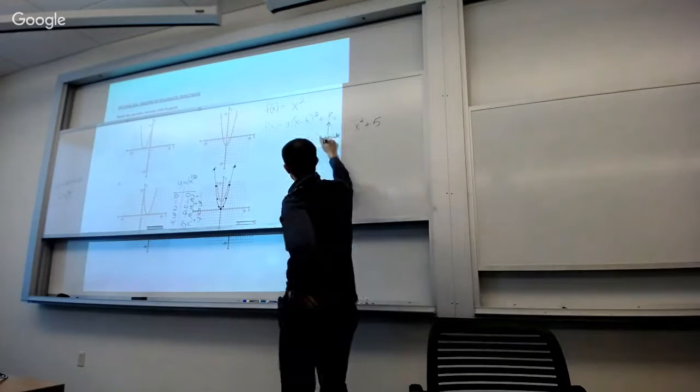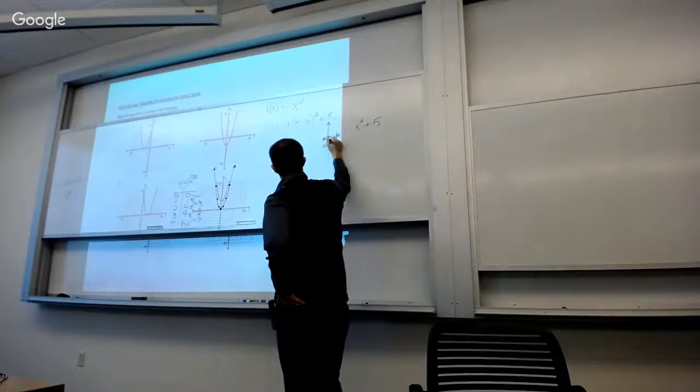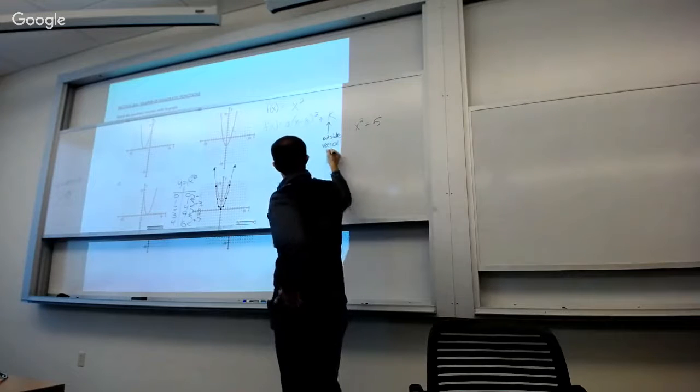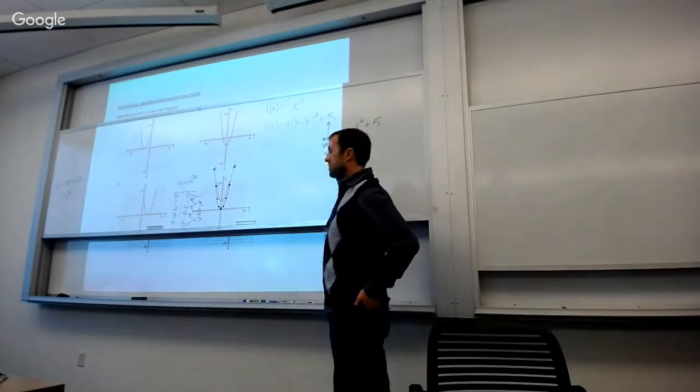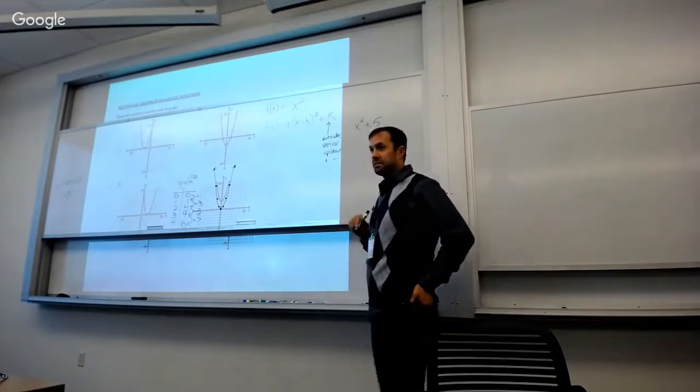Then that is a vertical movement. It moves the parabola up and down. And it does so just like you'd expect. If you add a number, you go up, and if you subtract a number, you go down.